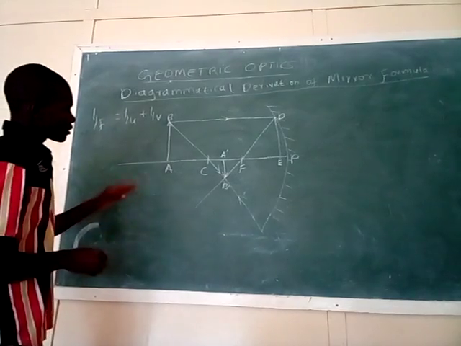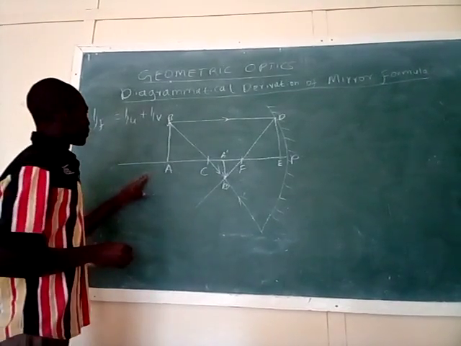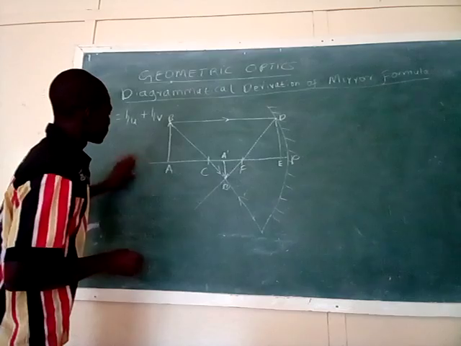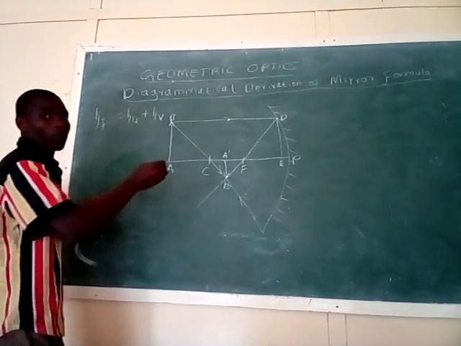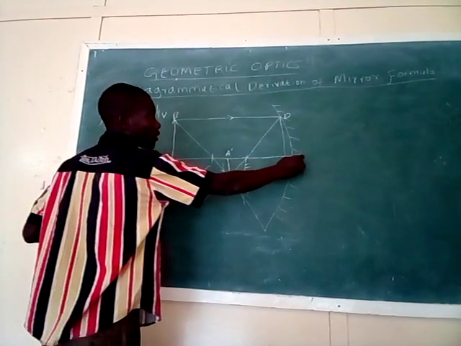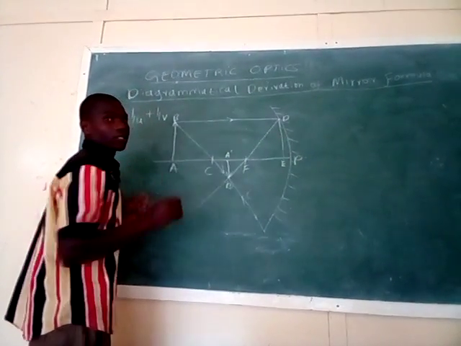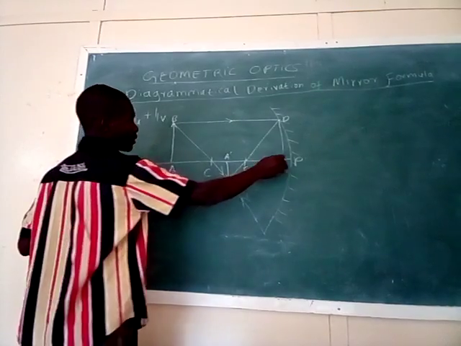If you look at this diagram, all distances are measured from the pole of the mirror.